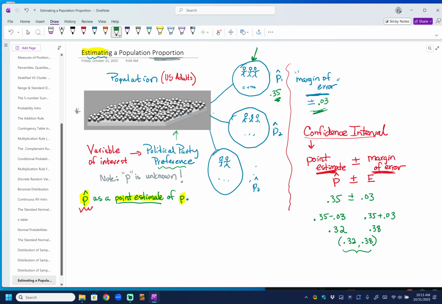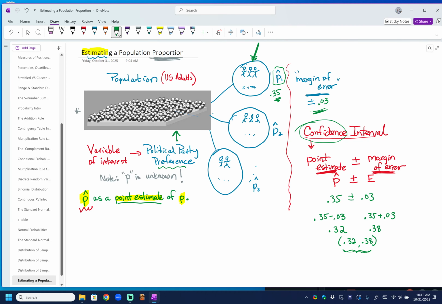Now, there's more to it than that, because there's going to be something called confidence, specifically a confidence level, that's going to add to this concept, but just informally, that is what we're trying to do. We're trying to use a span of values to estimate the true population proportion, because we can't just use p hat as a direct replacement without some measure of uncertainty to accompany it.